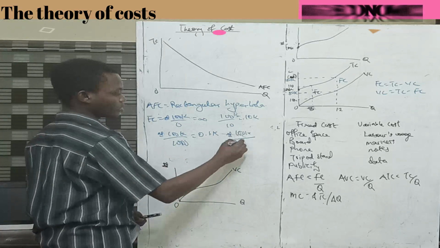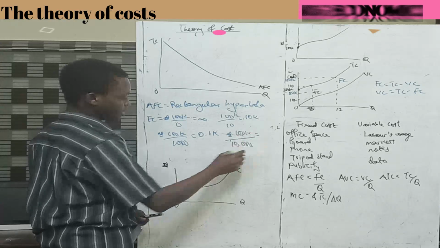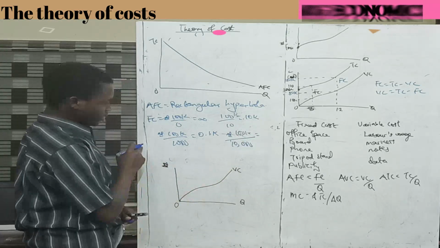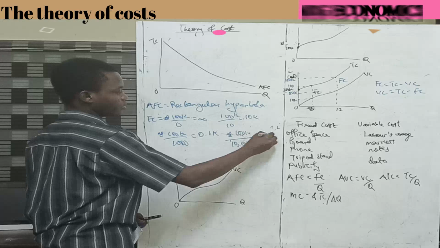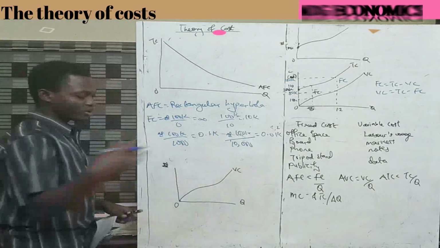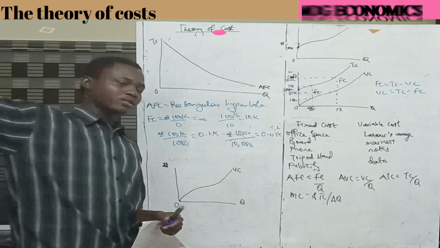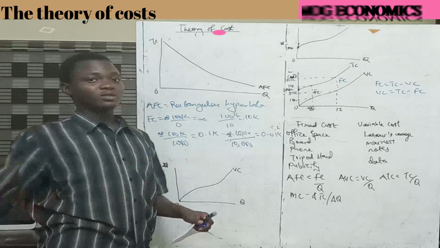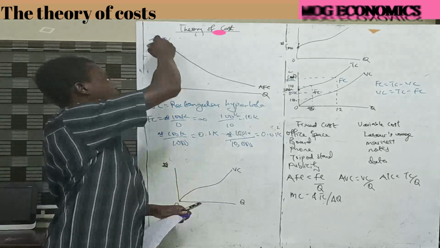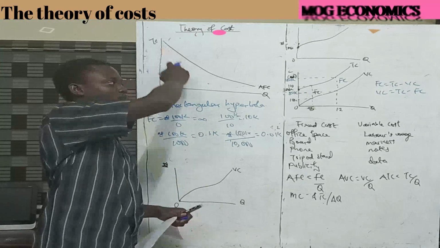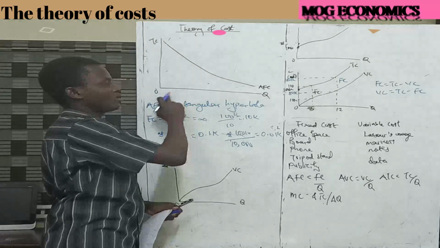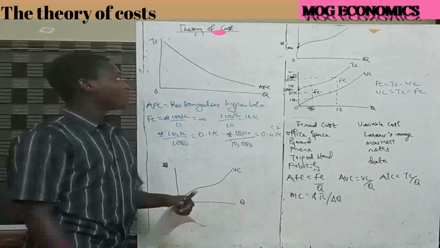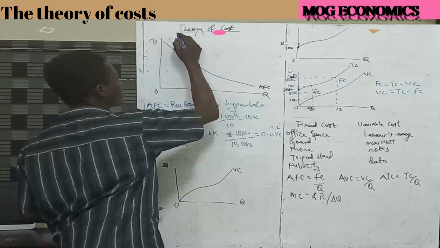If output becomes 10,000, we'll be having 0.01k. It's never going to be just zero. That's why it starts from a high point and then continues to fall as you increase your quantity produced. Now, how about your average total cost?